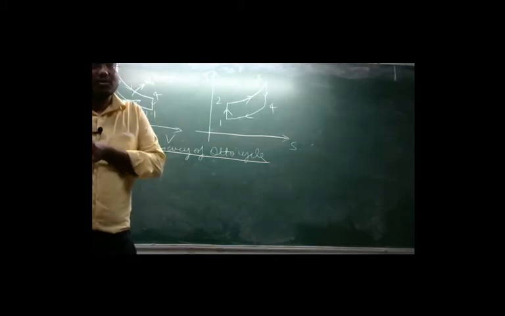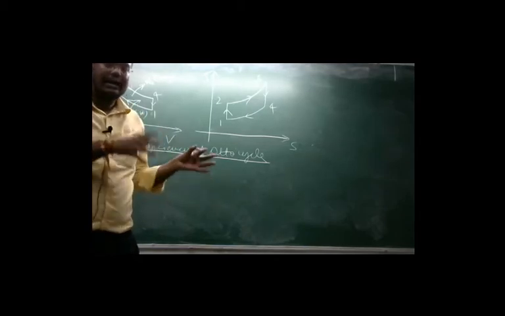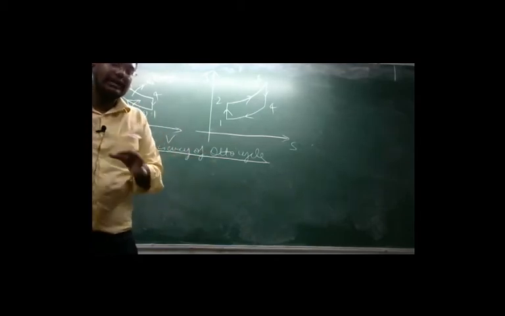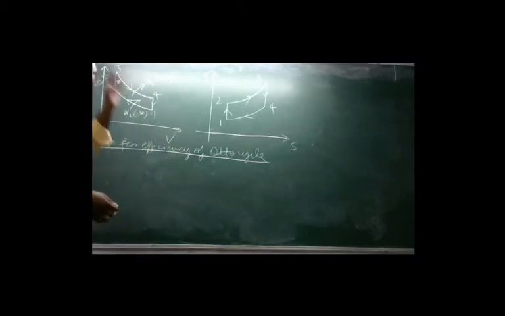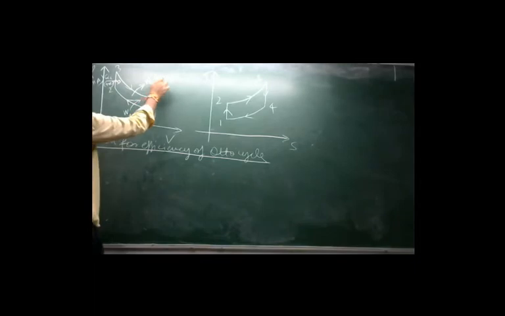Means if work is positive, then heat will be negative, and if work is negative, then heat will be positive. Here work input to a system is negative, hence heat input to the system should be positive, because the sign convention for heat transfer is opposite to work transfer.